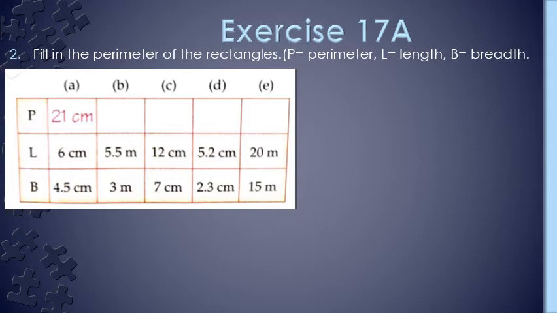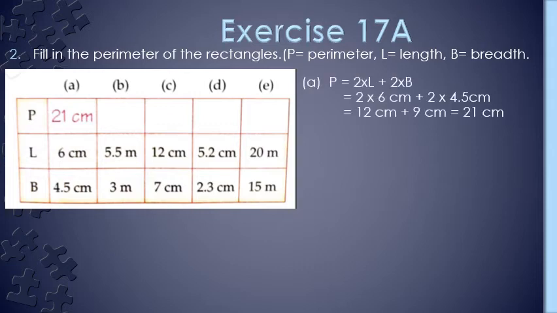And see, the length and breadth of the rectangle is given to you, and you have to find out the perimeter. The first one is already done for you, and in the first one, that is in the A part, the length is given 6 centimeter and the breadth is given 4.5 centimeter. So how do you find out the perimeter which is already given in the question? Let us see. You know that perimeter is equal to 2 multiplied by length plus 2 multiplied by breadth.